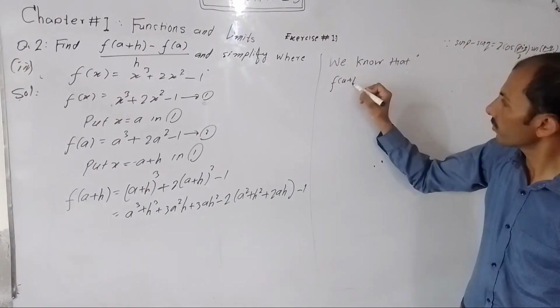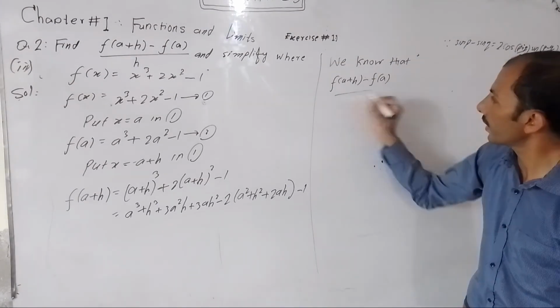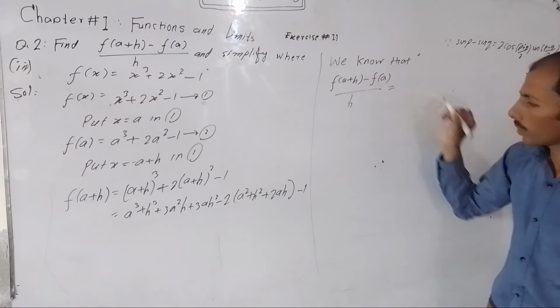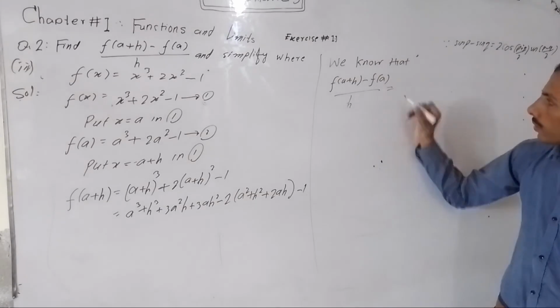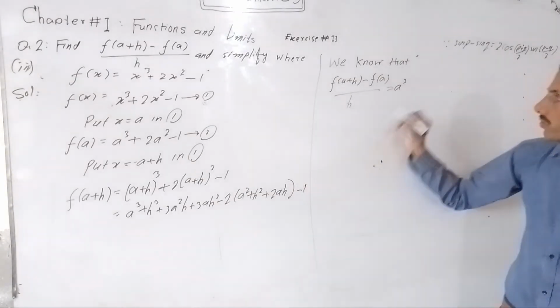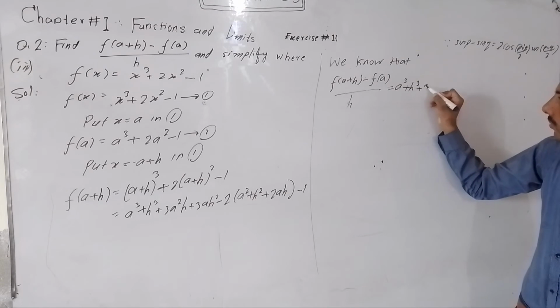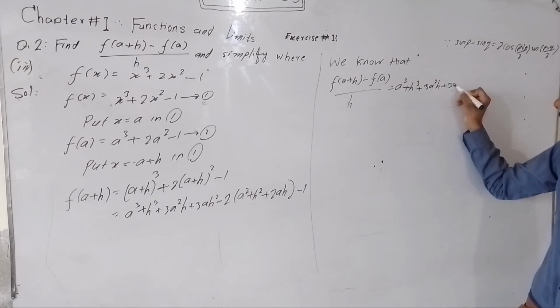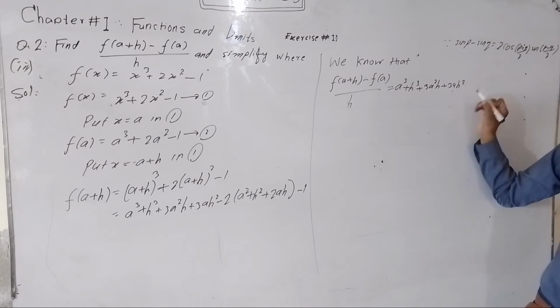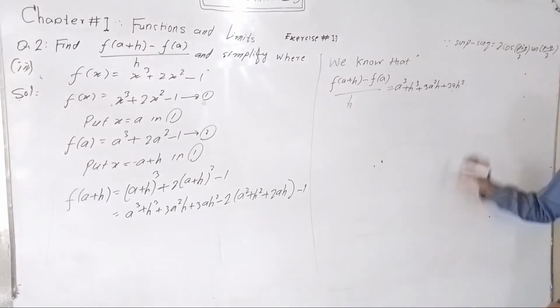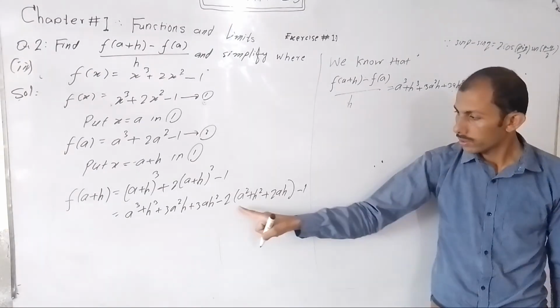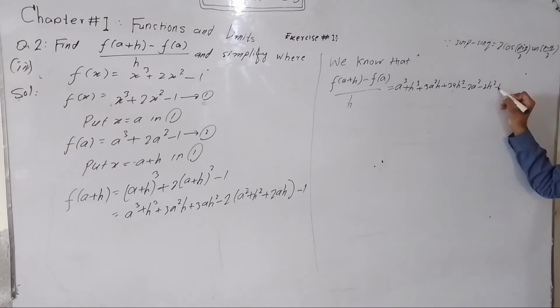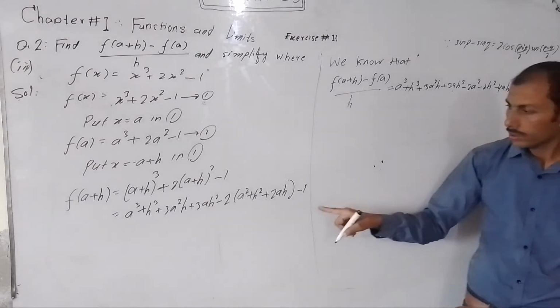f of a plus h minus f of a divided by h is equal to, first f of a plus h: a cube plus h cube plus 3a square h plus 3ah square, minus 2a square, minus 2h square, minus 4ah, minus 1.